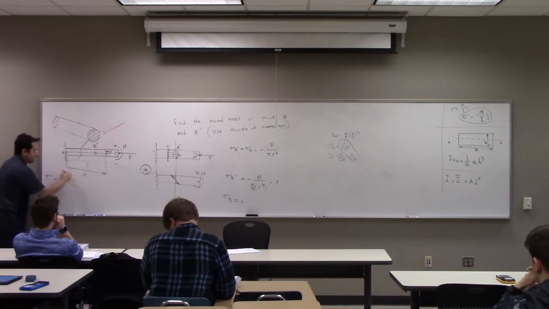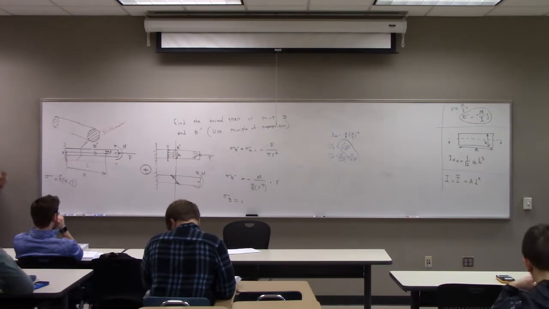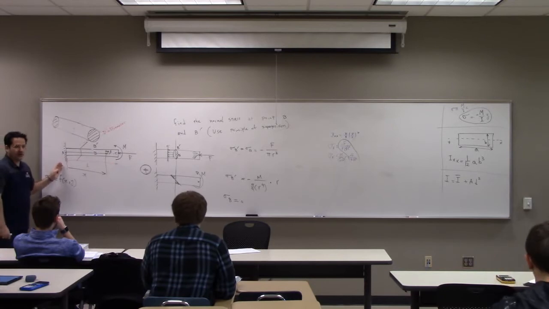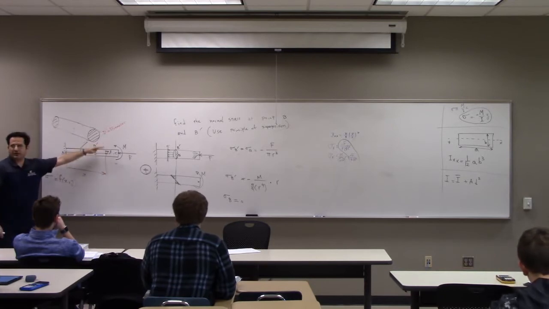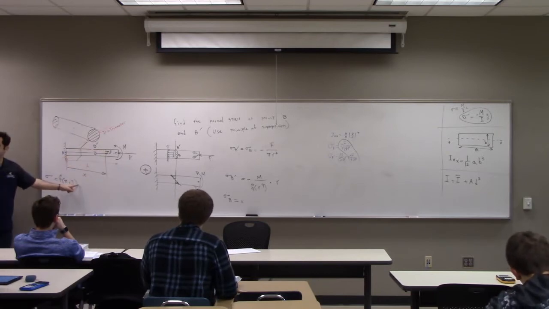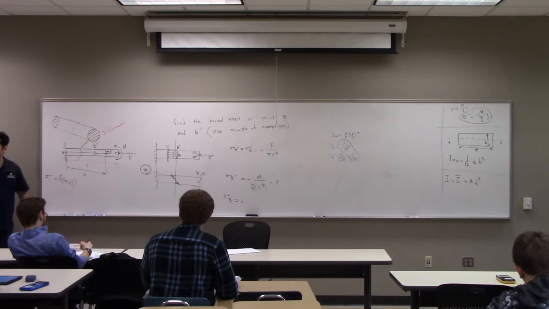That means field. Find the stress field, not the stress at a point. So your x is from the left side of the beam and y is from the centroid. The end result, sigma, should be a function of x and y. How do you find it?